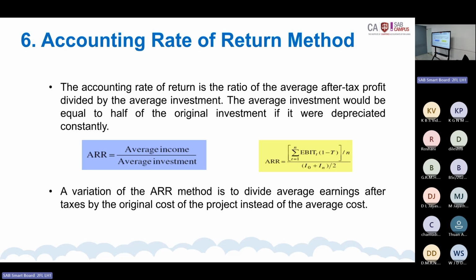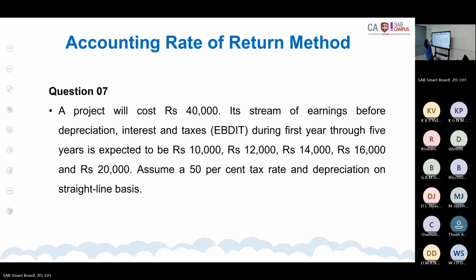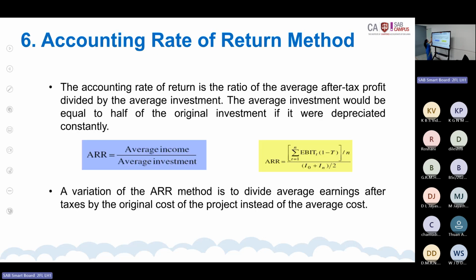So average investment can be calculated as the initial investment, I0, plus the last year investment, IN, divided by 2, which is mentioned here.